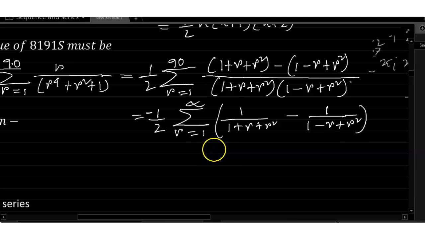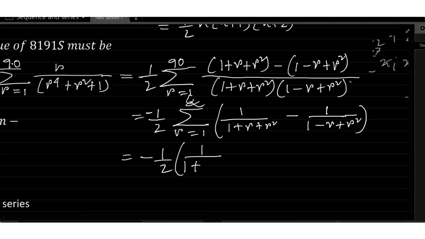It can be written this way, and after that again this is a telescopic series, canceling series. Terms cancel, and this value will come as 1 divided by 1 minus 1 by 1 plus 90 plus 90 squared. It is not infinity, it is 90.